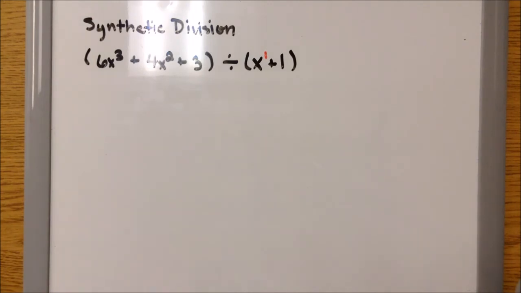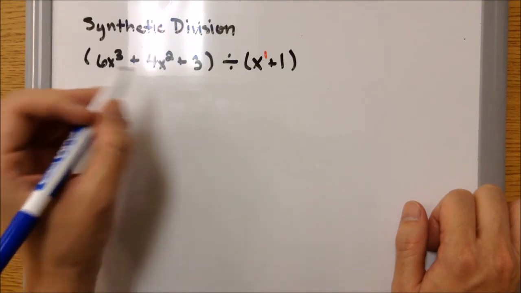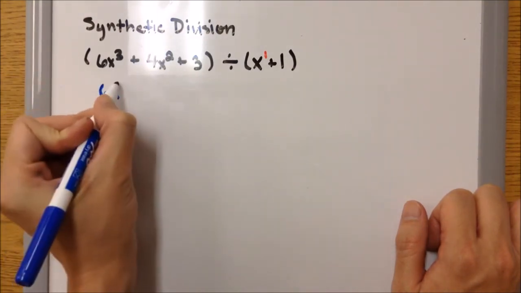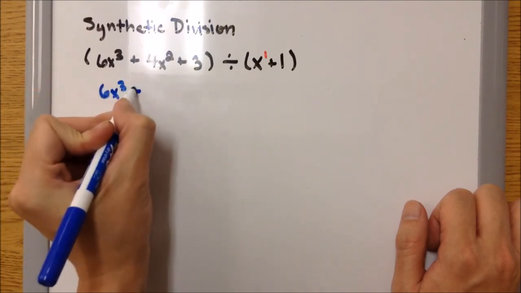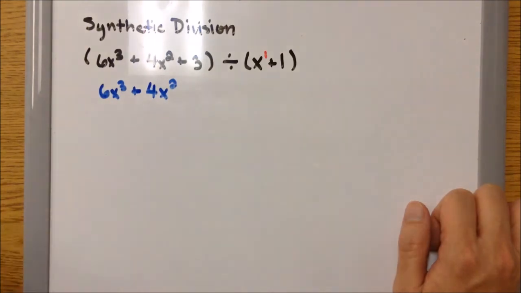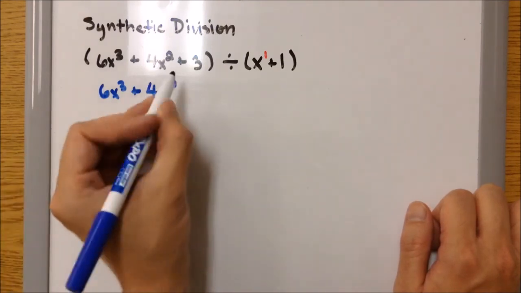So what I'm going to do, I'm going to rewrite this to make sure we have all the terms before we're dividing. So 6x to the third plus 4x squared. Now since we didn't have it, it's technically not there. So for a number to use for something that is not there would be 0.